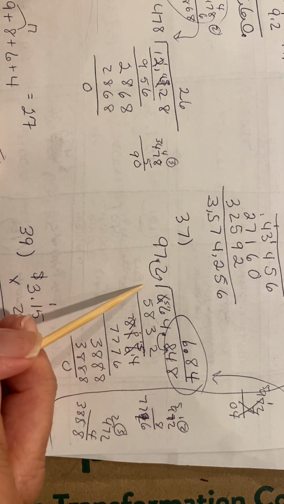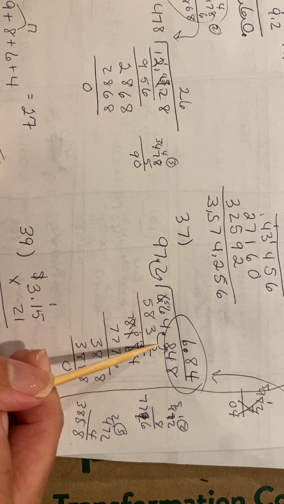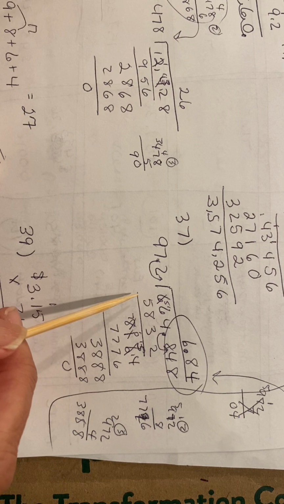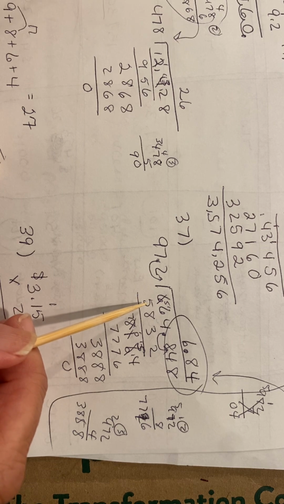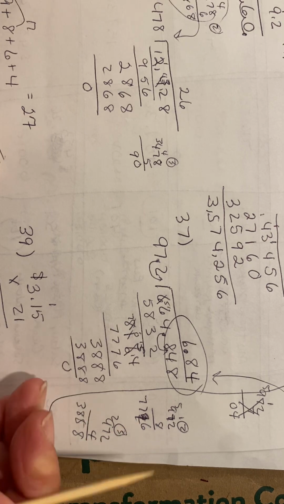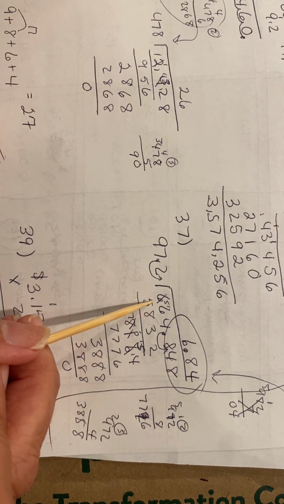So 972, you think of 972 goes into 6,600. When I think of 97, how many times does it go in? Here's 972. This goes into 66.